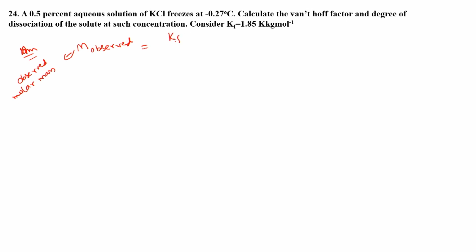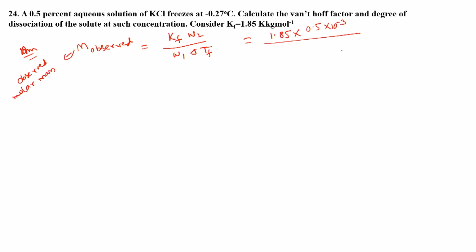is Kf times W2 by W1 times delta Tf here. Okay, so if we now substitute, value of Kf is 1.85 and W2, so this is 0.5%, so 0.5 times 10 to the minus 3 kg we get.